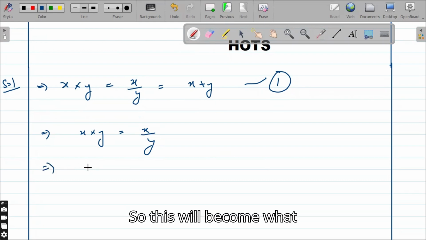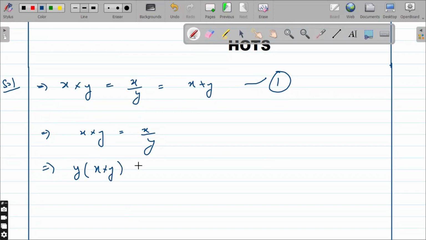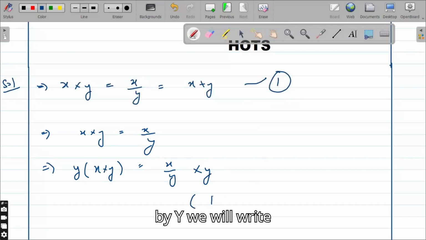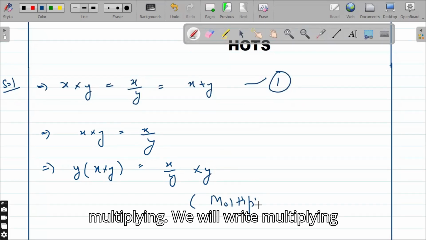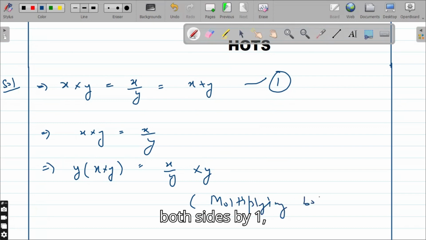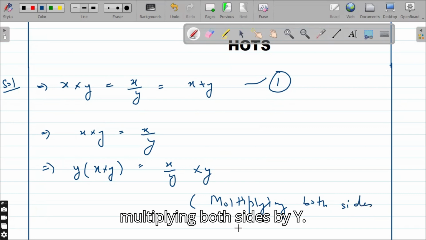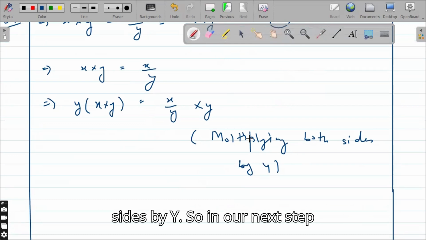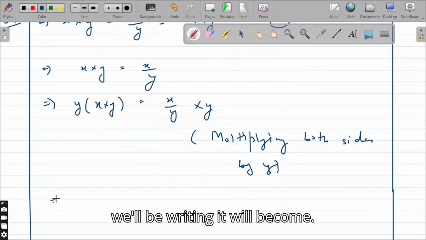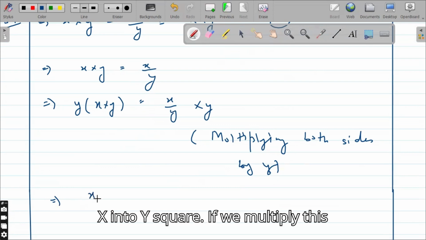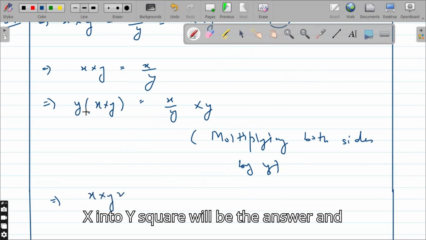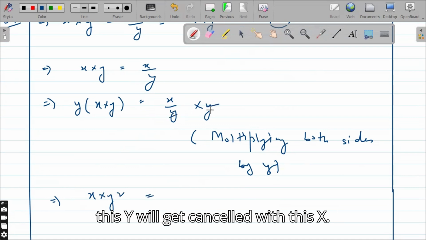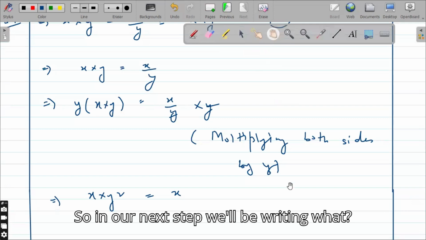Multiplying both sides by y, in our next step it will become x into y square. If we multiply this, x into y square will be the answer, and this x will get cancelled with this x.